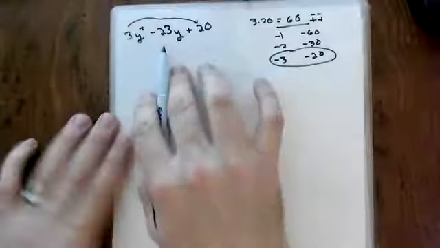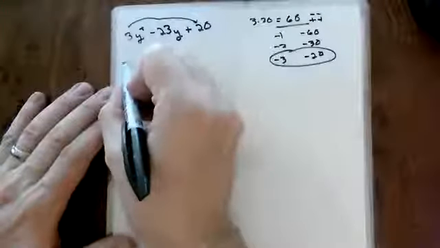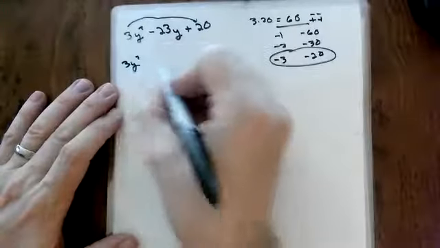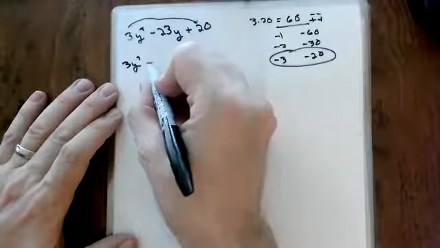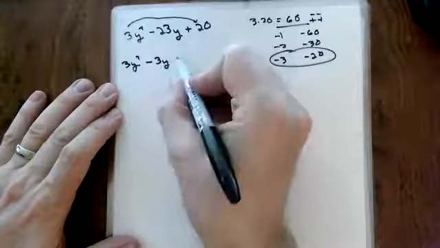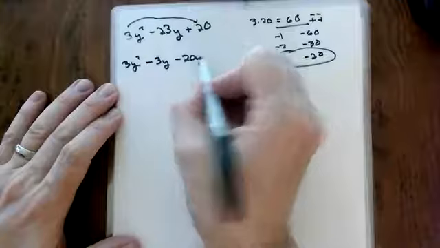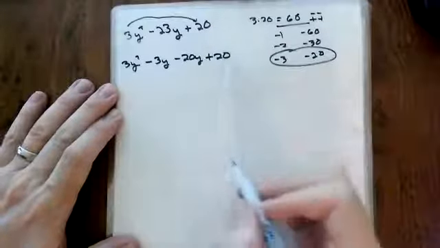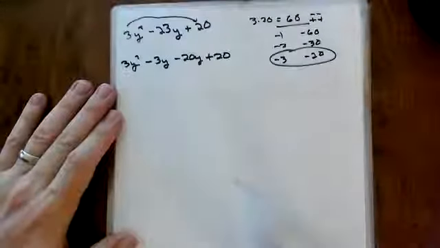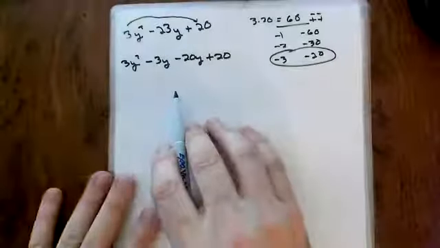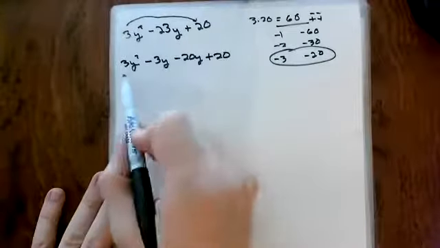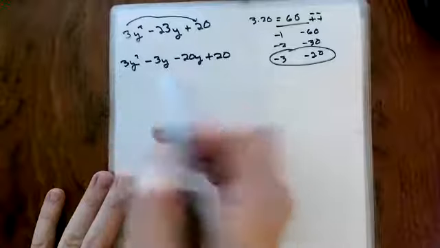So we're going to split our middle term. So here we still have our 3y squared, but this is going to now turn into minus 3y minus 20y, and then plus 20. Now, in these first two, I'm going to do my greatest common factor.